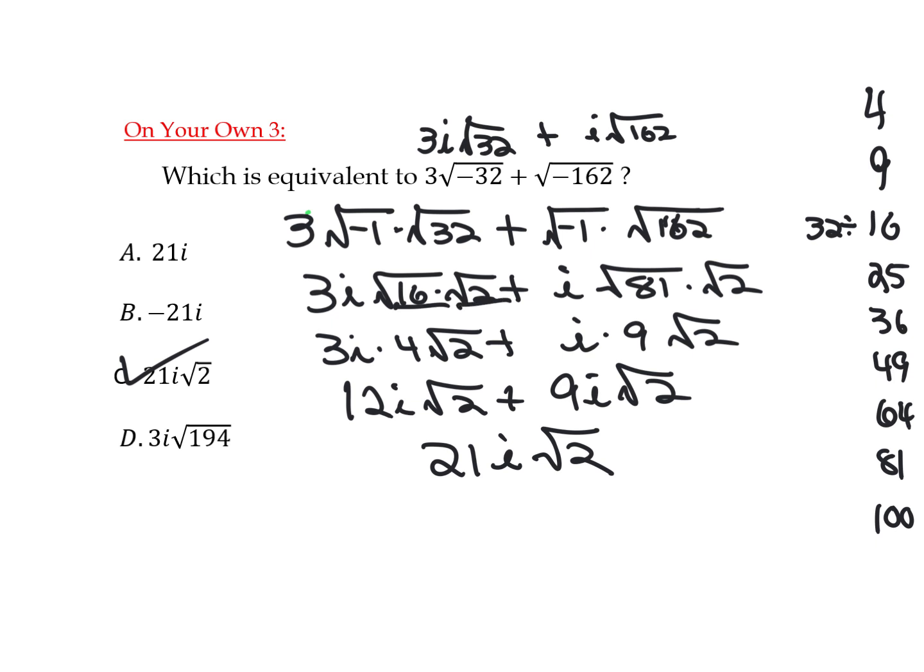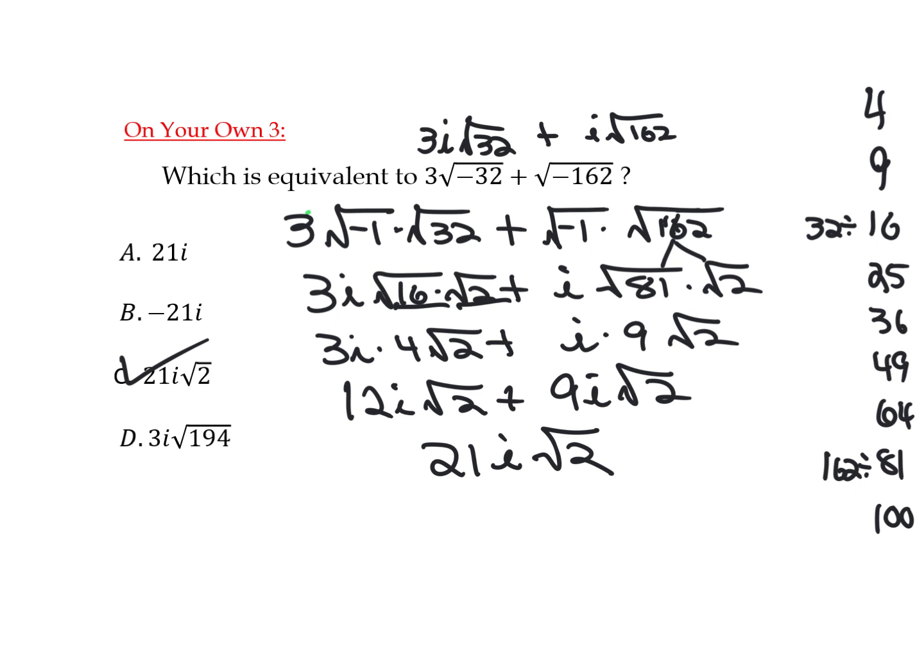On the square root of 162, I'm going to find the largest factor, so I would divide by each of those, and the largest perfect squared factor that goes into 162 is going to be 81. Therefore, I break 162 down as the square root of 81 times the square root of 2. And then I simplify. 3i times 4, because the square root of 16 is 4.